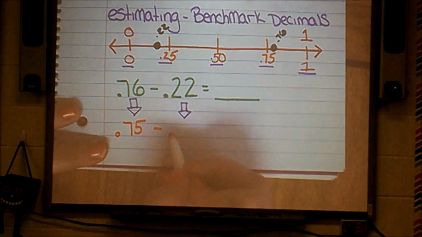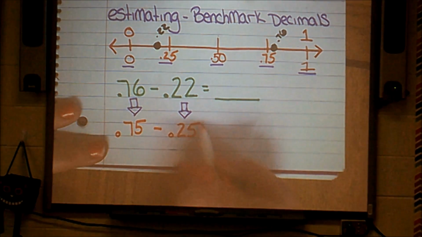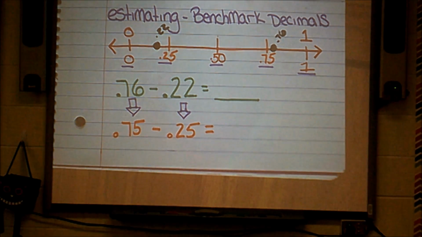So I'm going to rewrite this as 25 hundredths. Now when you round both of your numbers to the nearest benchmark decimal, you can see that this math can easily be done in your head.